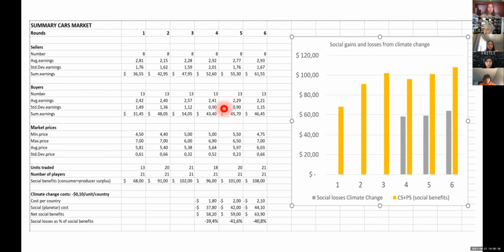Then there were these net social losses at the end that we accounted for once we calculated the cost per country, and therefore the social planetary costs to all countries, namely all of you who were playing in the game, and therefore the net social losses represented in these 3 bars in those 3 rounds of the game.